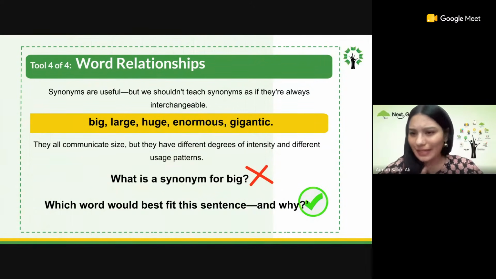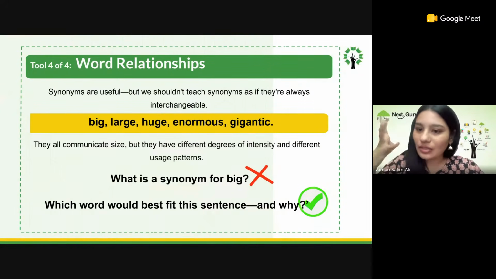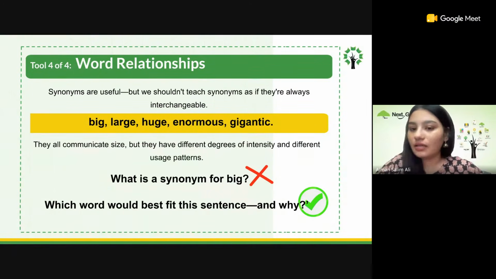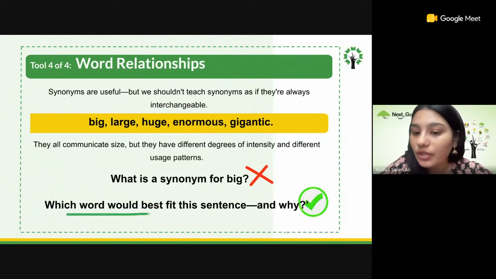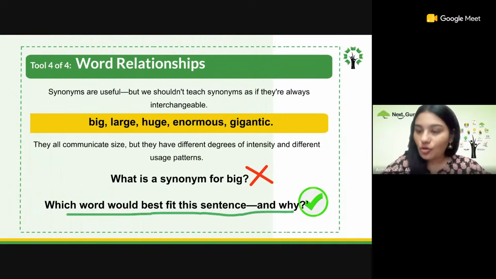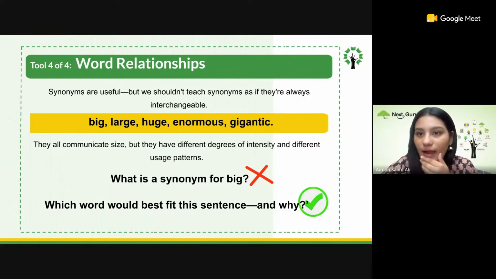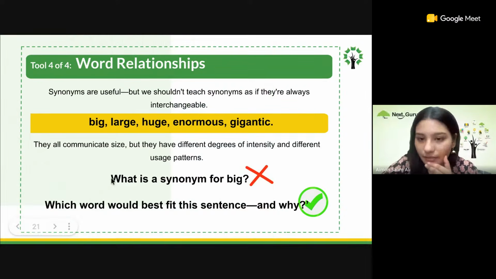I mean, not correct, not precise, right? So what is a synonym for big? The next time you ask your students, you're not going to ask, what is a synonym for big? Instead, we are going to ask, which word would best fit this sentence and why, right? I'll give you examples right here.